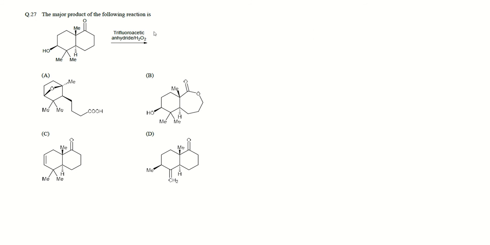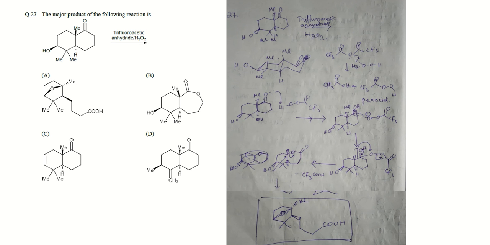And another question which looks so complicated, but it is so simple. This molecule is treated with trifluoroacetic anhydride in the presence of hydrogen peroxide, and it is a simple Baeyer-Villiger oxidation. See the whole mechanism here.